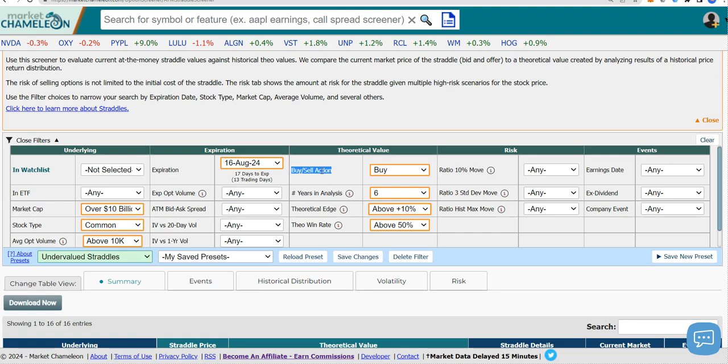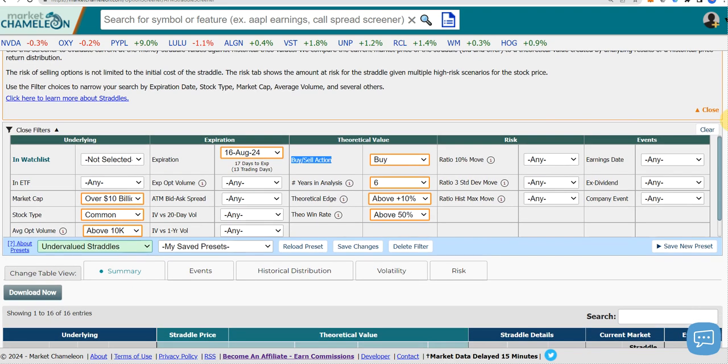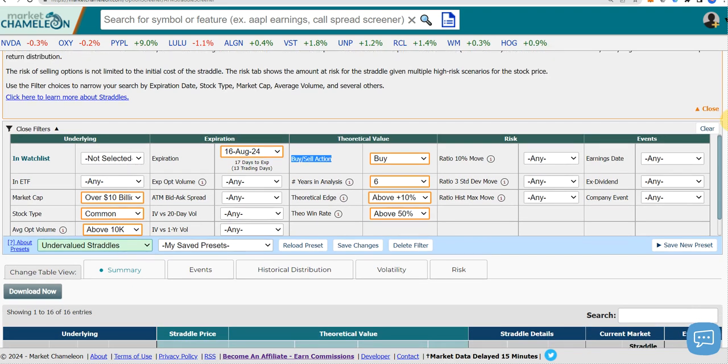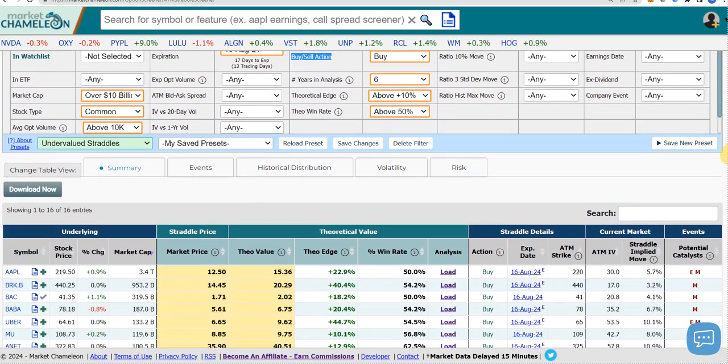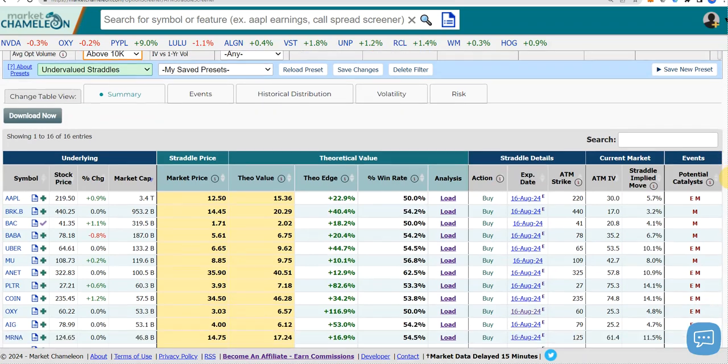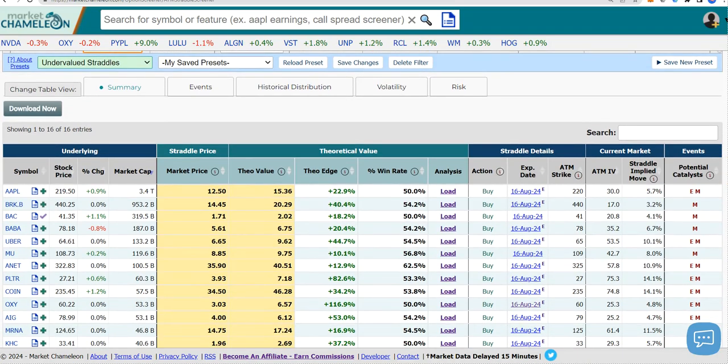Now again, it means that you are buying at the money call and put, but based on history, based on information, those straddles are cheaper than what you're supposed to pay. That's what it tells us. It doesn't mean that you will win. The stock can stay the same price by expiration and you will lose your money.